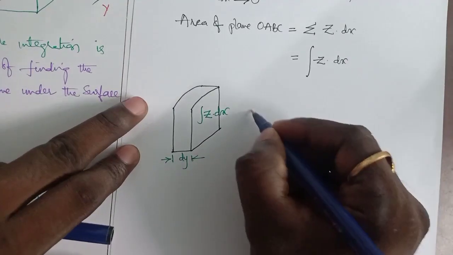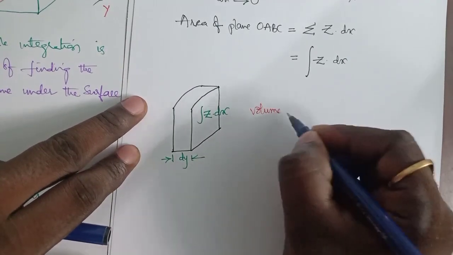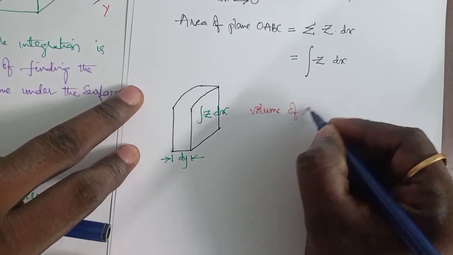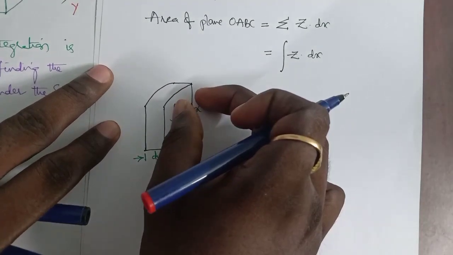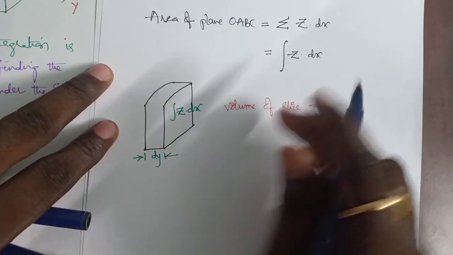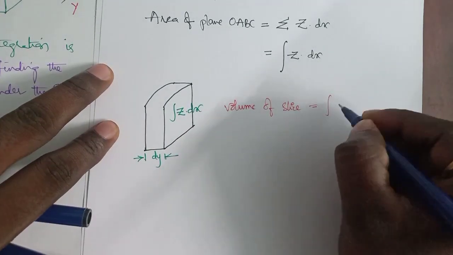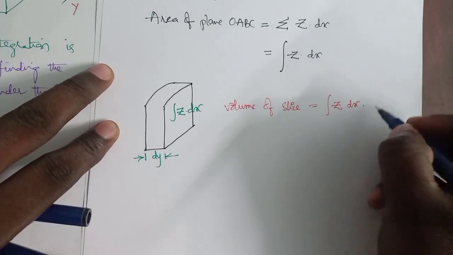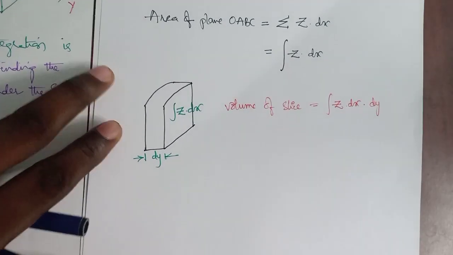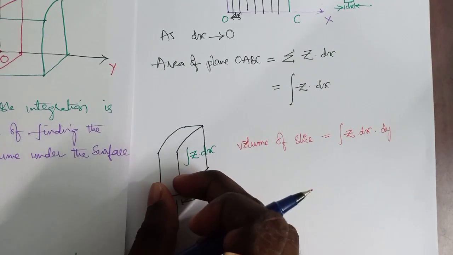What is the volume of this slice? It is area into another dimension, so the integration of z into dx into dy. This is the volume of this one slice.